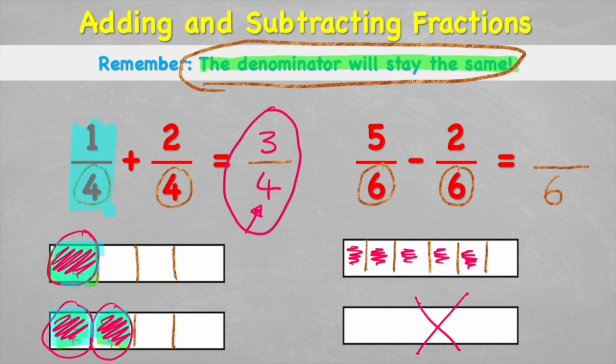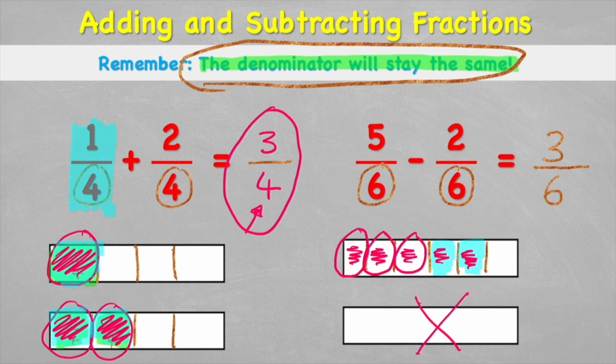I'm actually taking away. So what I'm doing is I'm removing 2 of these 6. So I could remove this one and I could remove this one. I could take them away. And how many does that leave me with? Well, I have 1, 2, 3 left over. So my answer to 5/6 subtract 2/6 is 3/6.